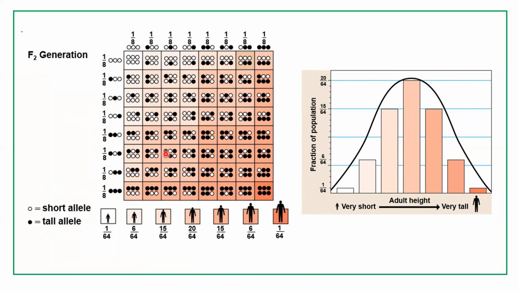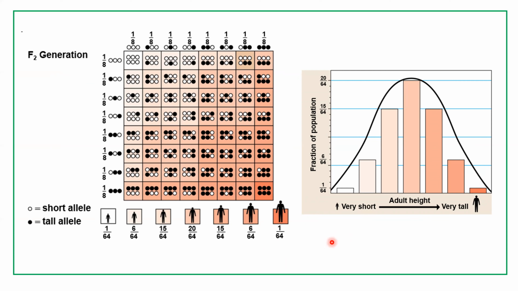And everything in the middle, people have all different heights. So this is called a bell-shaped graph. So any trait that shows this bell-shaped graph will have very few people of one extreme phenotype and another extreme phenotype, and most people will be in the middle.